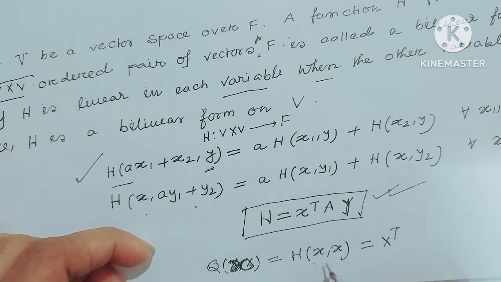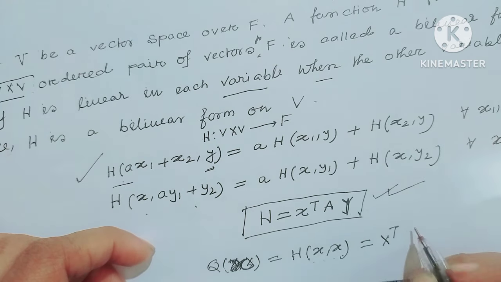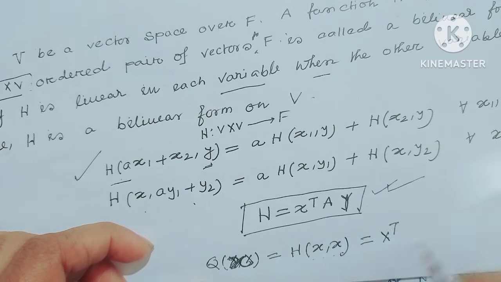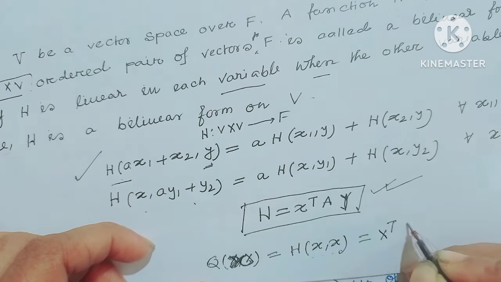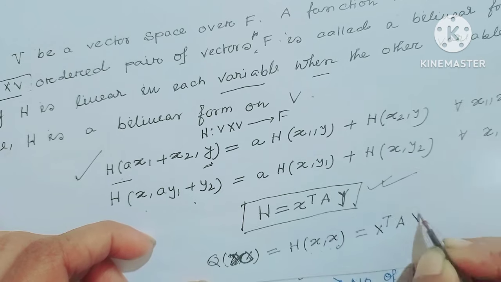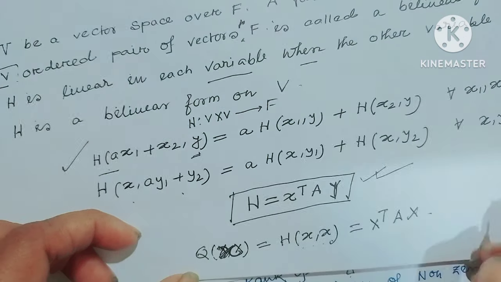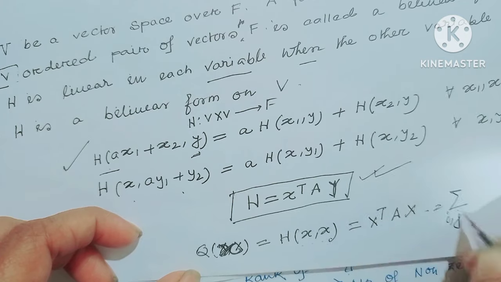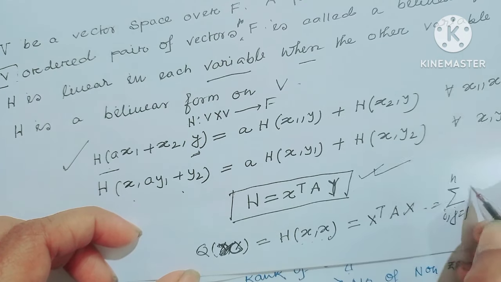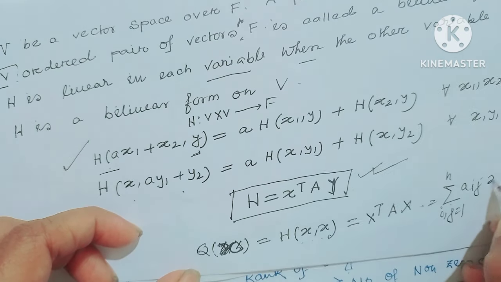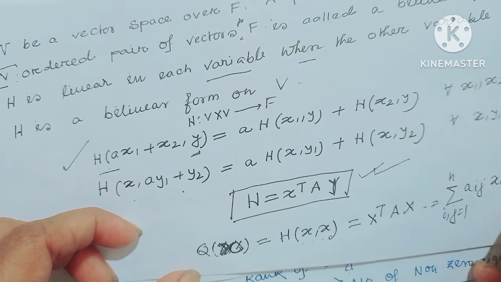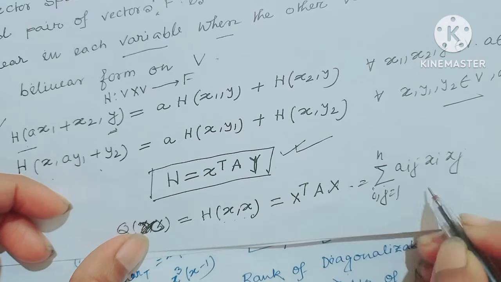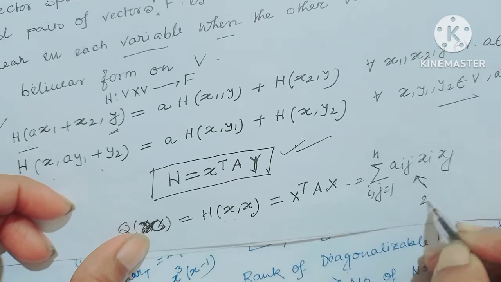This is the bilinear form in itself, that means A is applied to x with itself. That means Q(x) = A(x, x), which is equal to x transpose Ax. This is equal to the summation, i and j running from 1 to n, of a_ij x_i x_j, and this is a polynomial of second degree.